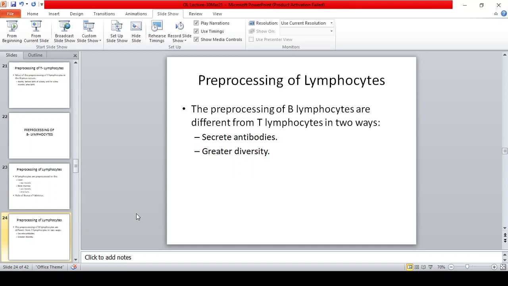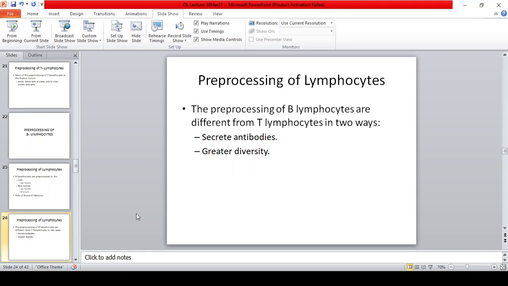Now this pre-processing of the B lymphocyte is different from the T lymphocytes in two ways. Firstly, the B lymphocytes secrete antibodies, and therefore they have a greater diversity, meaning they have a greater number of receptor proteins which can react to a greater number of antigens.